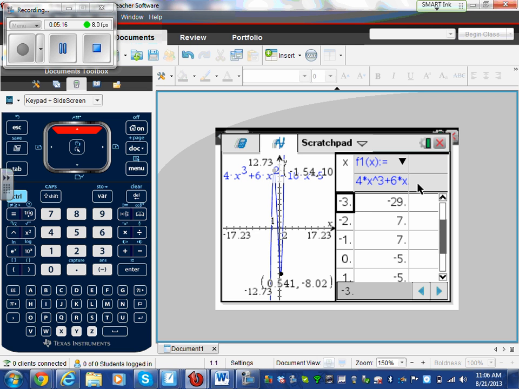So you can see that where x is 0, f is -5. Where x is 1, f is also -5. f of -4 would give us -125. And f of 3 would give us 127.